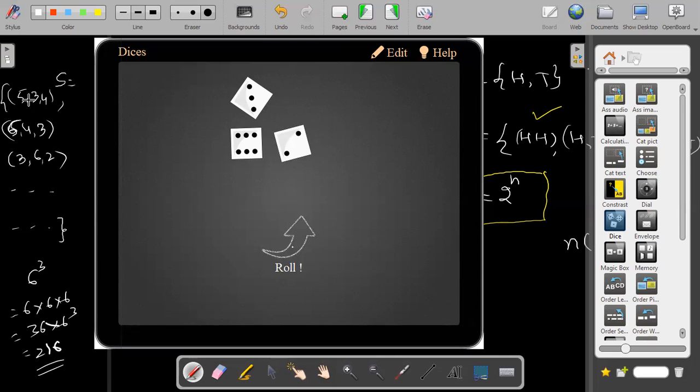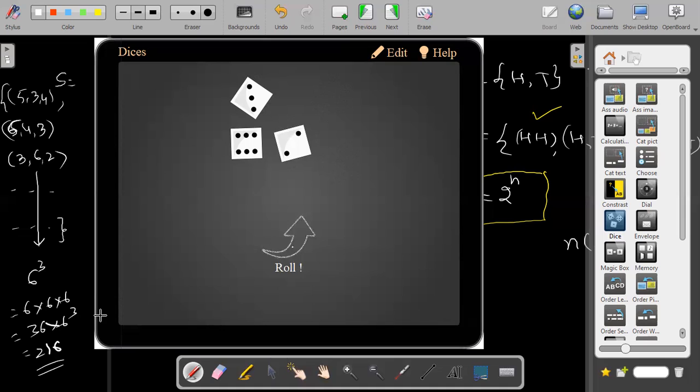So how many combinations will you get? 216 combinations, like 1 2 3, 3 2 4, 4 2 1, like this. It is not possible to write 216 possible outcomes, but we can easily find out the total possible outcomes.